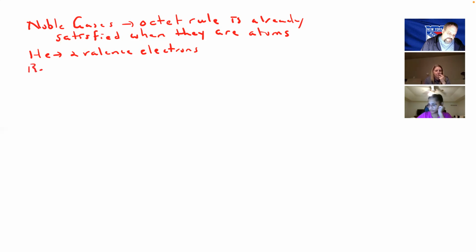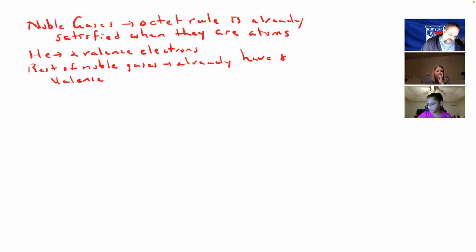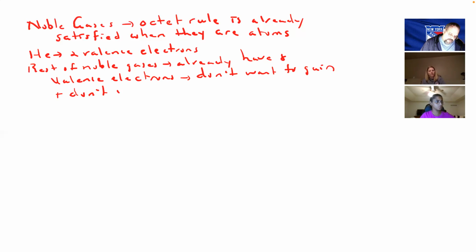Now, for the rest of the noble gases, they already have 8 valence electrons. So here's the thing. They don't want to gain, and they don't want to lose electrons.